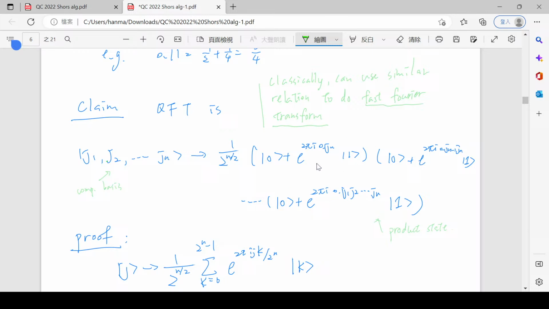You can see this is a product state. The first QP is in an equal superposition of 0 and 1, the second QP is also in 0 plus 1, and this QP is also in 0 plus 1, just that each has some interesting phase related to those j1 to jn. Okay, and this is what we are going to show.